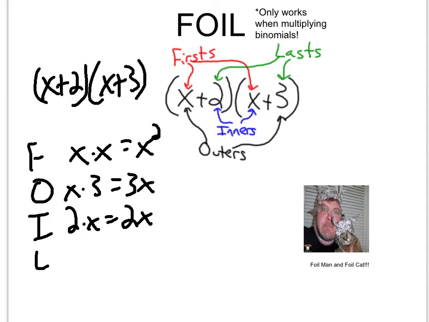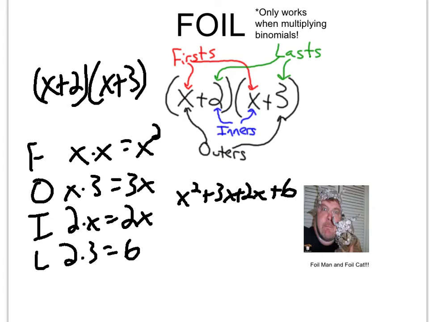And then L means lasts, 2 times 3, which equals 6. And then I'm going to go ahead and add all those together. So I got x squared plus 3x plus 2x plus 6. And then combine my like terms, x squared plus 5x plus 6.